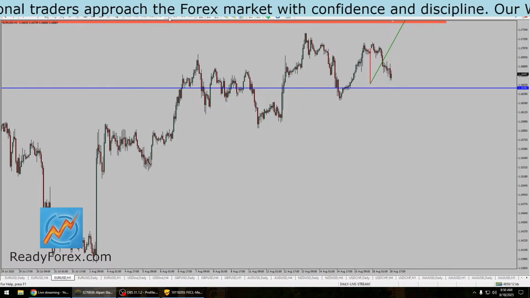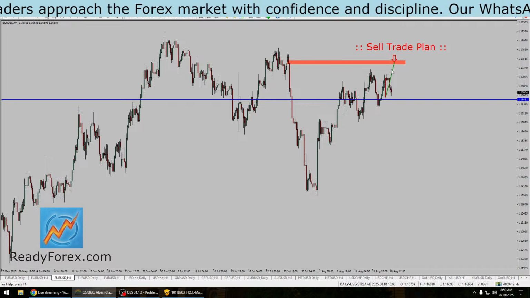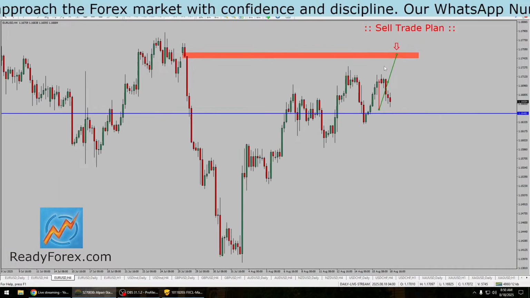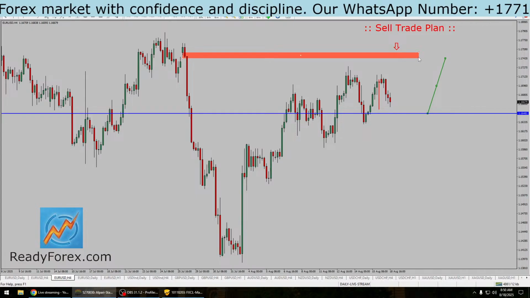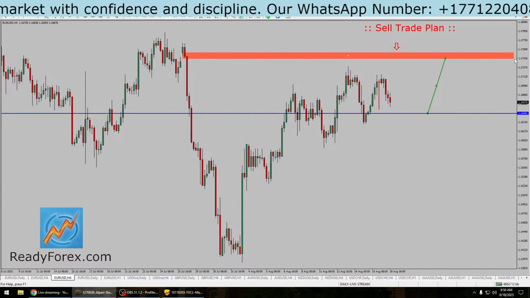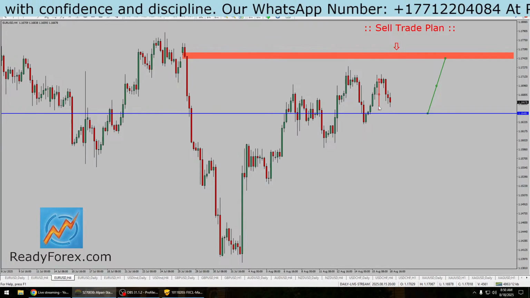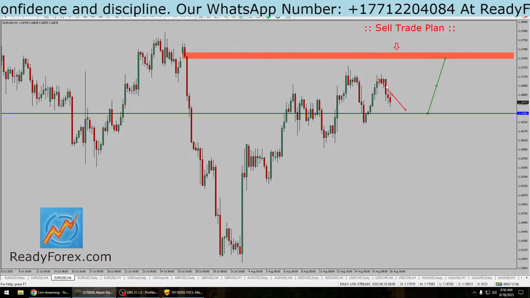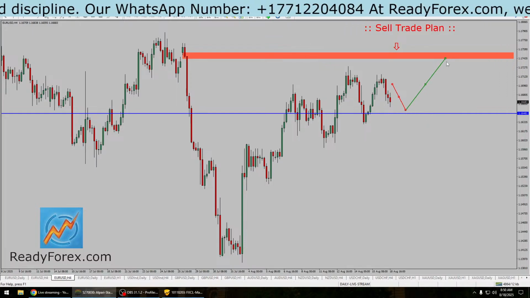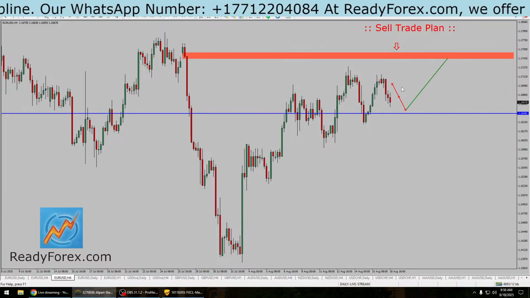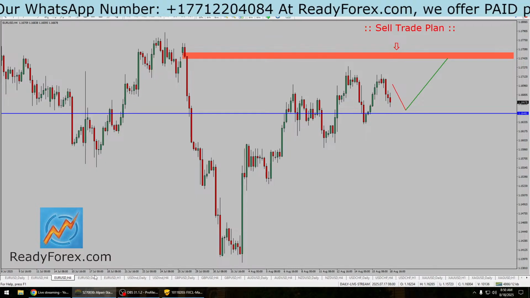This is the sell trade plan right up there. As long as price action does not test this area over here, I might actually look for a buy trade. Let me see if I have a potential buy trade setup in the euro dollar currency pair.